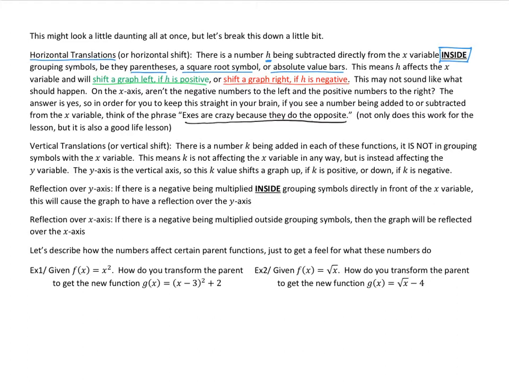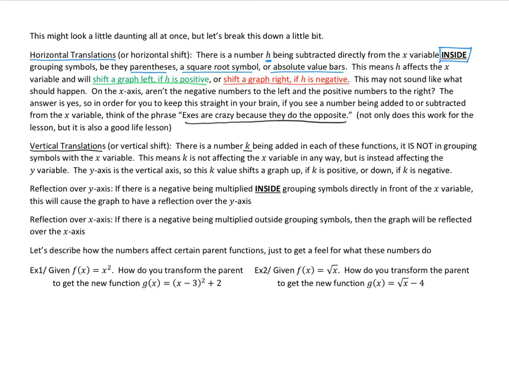Vertical translations. If you go back and look at that table, for the vertical translations, there's a number k being added in each of those functions. But you'll notice, unlike the h up here in the first part, which was inside grouping symbols in parentheses with x, all of the k values are just being tacked on at the back.